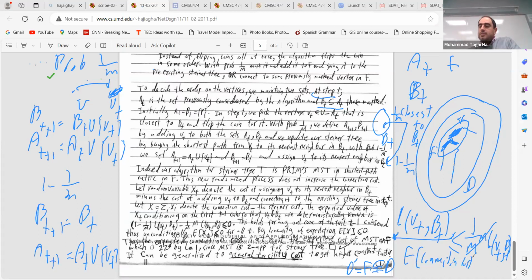Good. So for those vertices in A that I need to pay for, the expected cost is at most the expected MST cost.